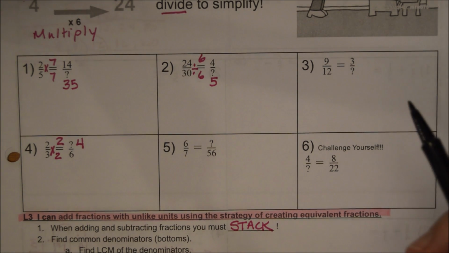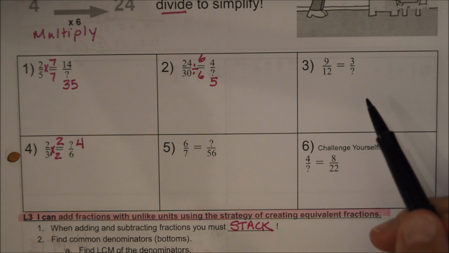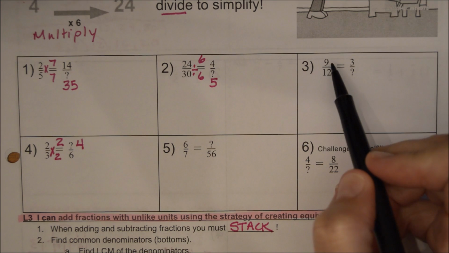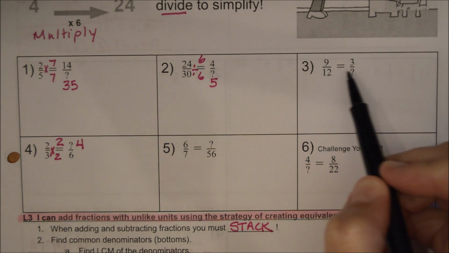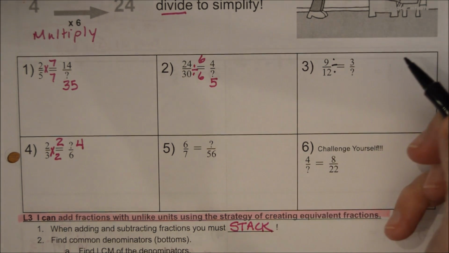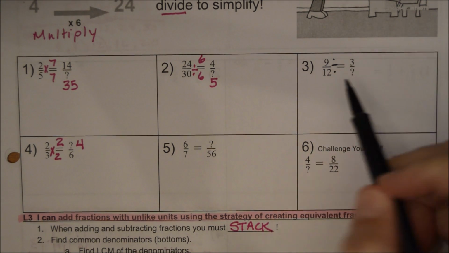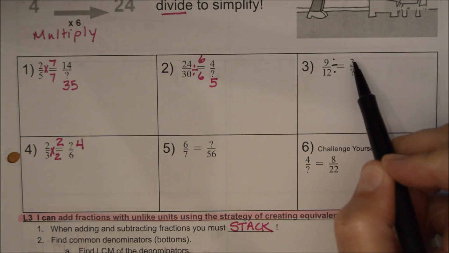All right, let's take a look. So remember, we are making equivalent fractions here. Now, if the number here is larger than the number over here, then I'm going to divide rather than multiply. Okay, I'm going to divide. And 9 divided by what is 3?